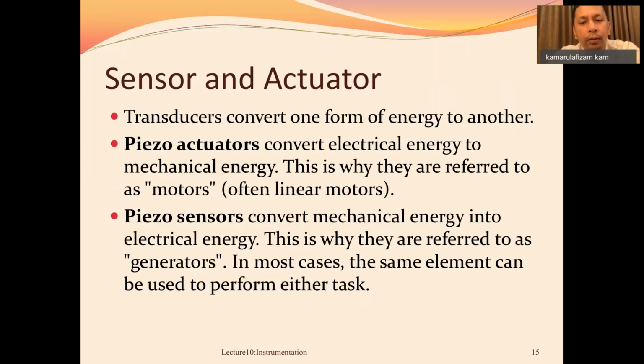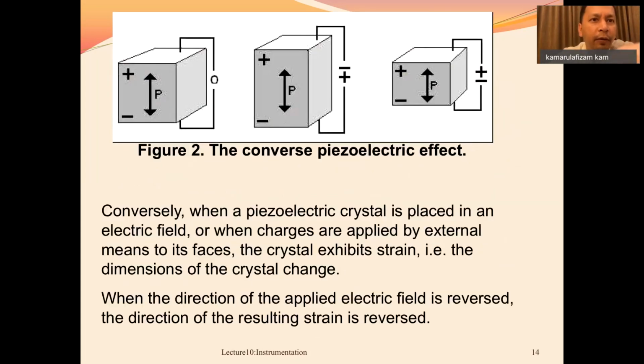All right, and the same piezo material is also being used in a speaker. When you give electricity to the speaker, you are getting some kind of vibration. That vibration is basically the effect of converse piezo effect.